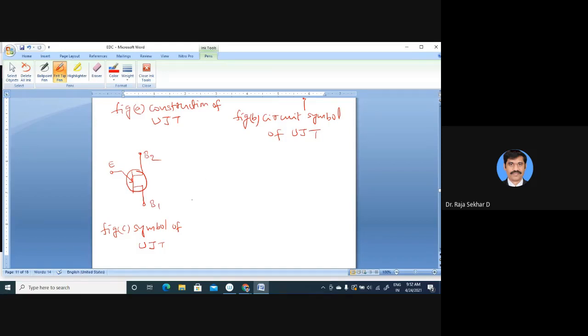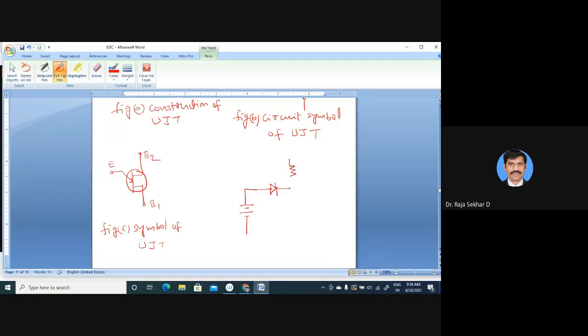If you see the equivalent circuit of this UJT with internal resistances, this is a PN junction.